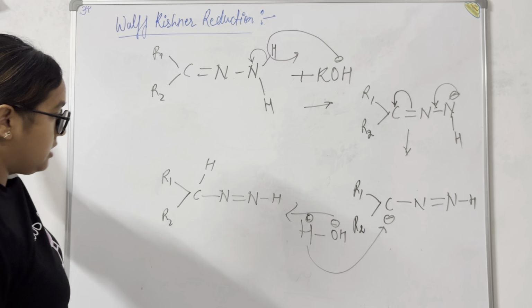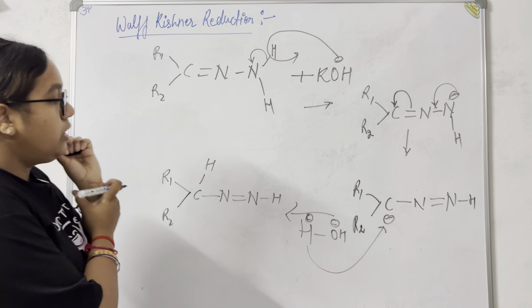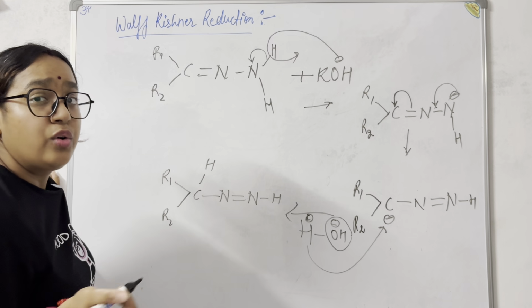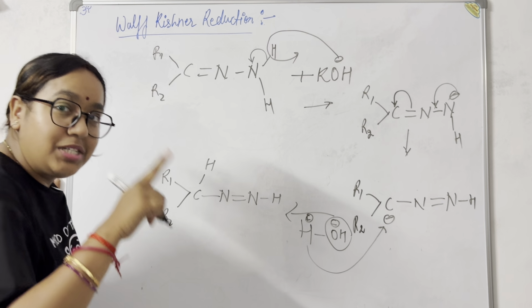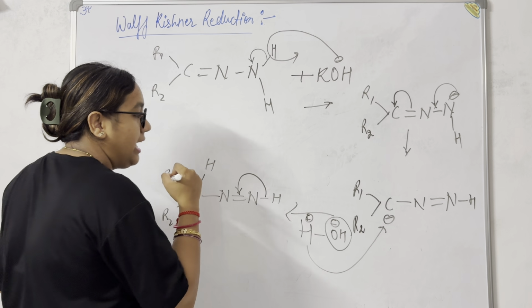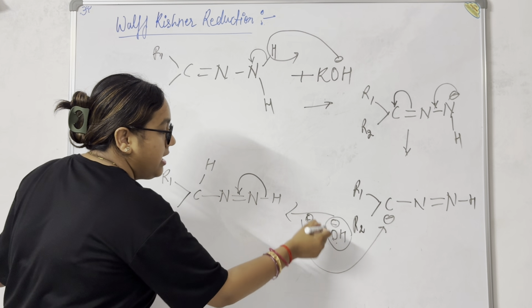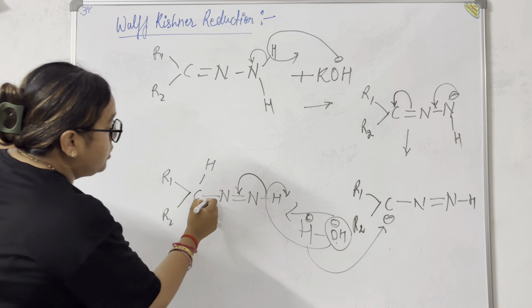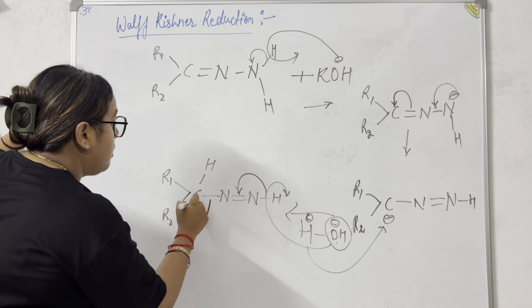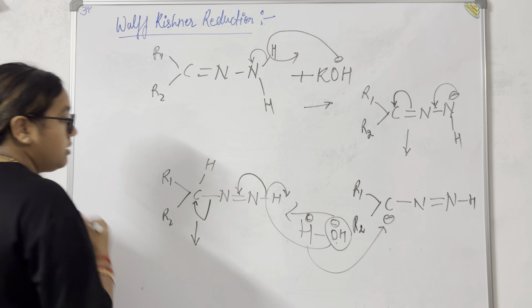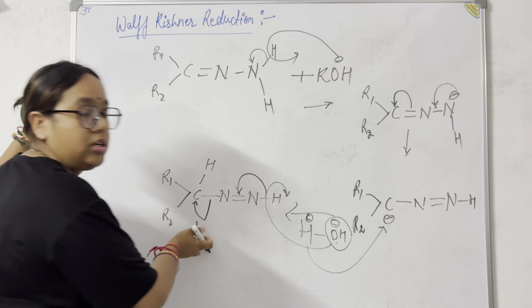Here we get this. Now we also have a negative OH ion here, which forces the hydrogen to give its electron to nitrogen again, and this grabs it and forces this bond to break down and form nitrogen gas, which is more stable as compared to this structure.